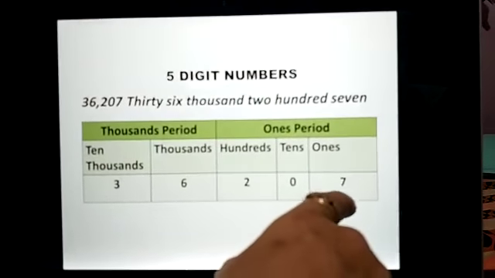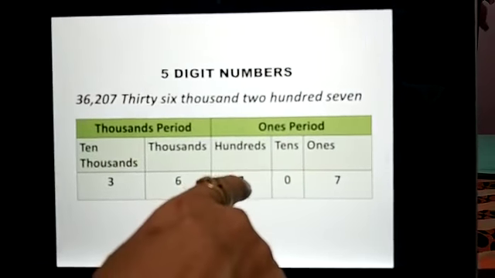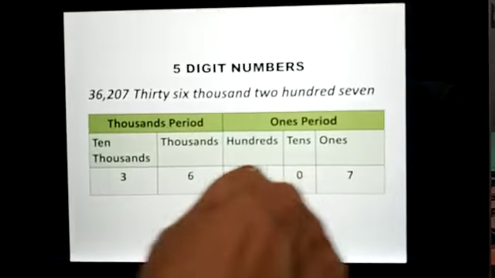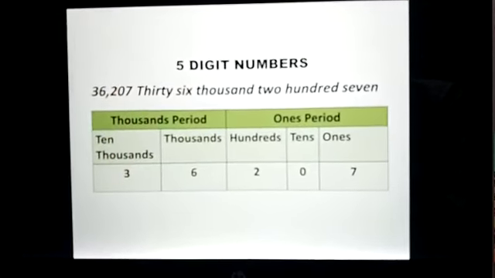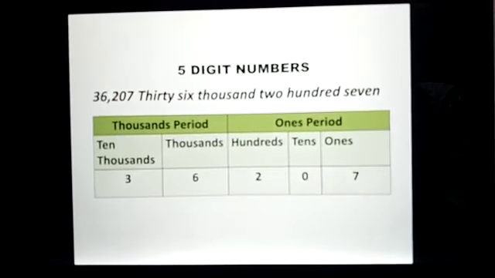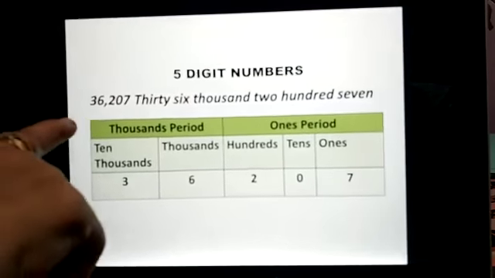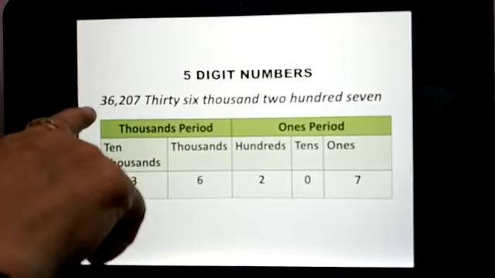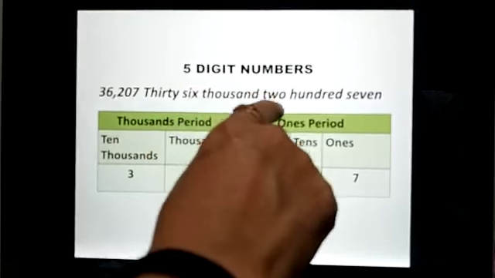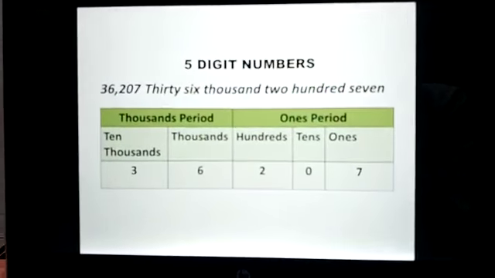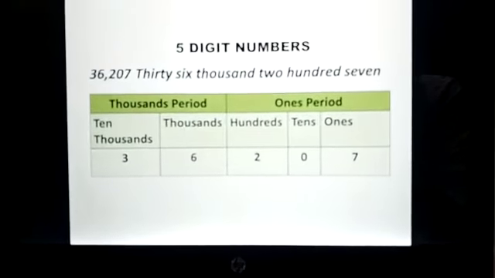So, the first 3 digits from the right make the ones period, and the next 2 make the thousands period. We arrange the digits on the place value chart as shown, and we can name the number as 36,207.